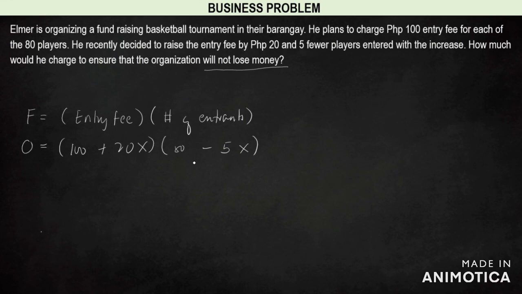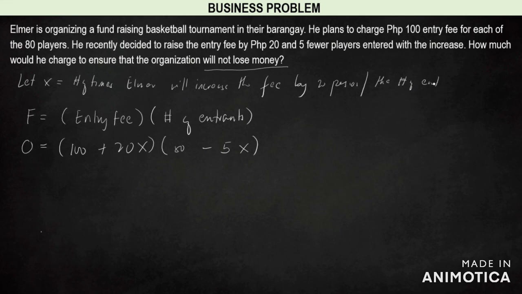The x here now represents the number of times Elmer will increase the fee by 20 pesos, and at the same time the number of entrants will be decreased by 5. Now, since it is 0, it is very easy.